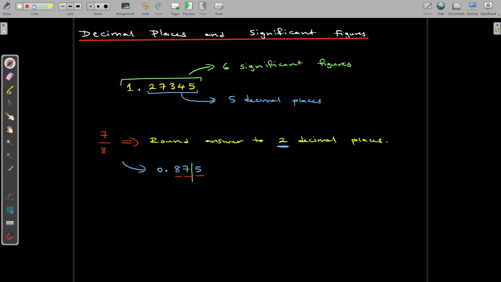So I have 3 decimal places in the number. The 7 right here is in the second decimal position.